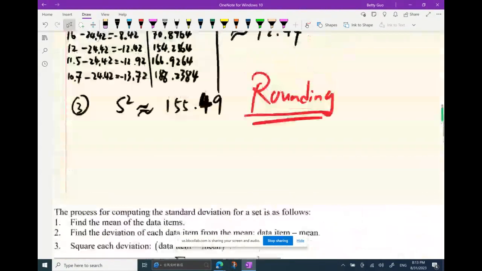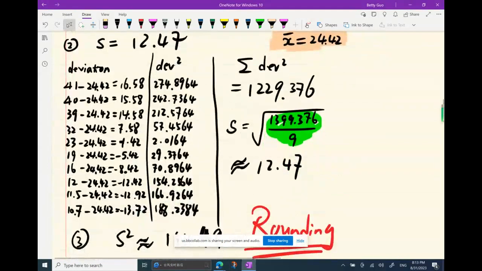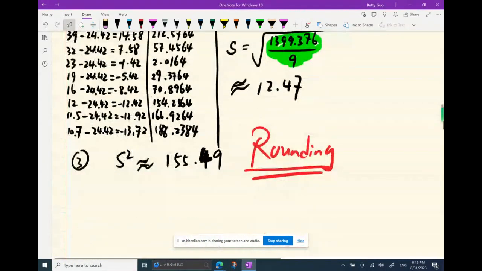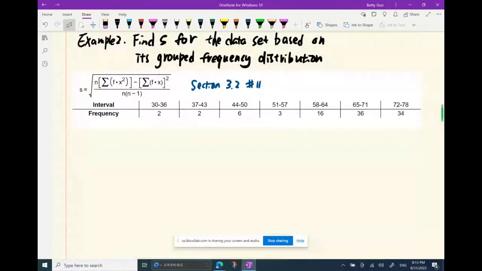In example 1, we have the raw data set. It's a very small sample, just 10 values, and it's still pretty time consuming to get those done, right? This one, what if you do not have the raw data set? Instead, you only have a grouped frequency distribution table.